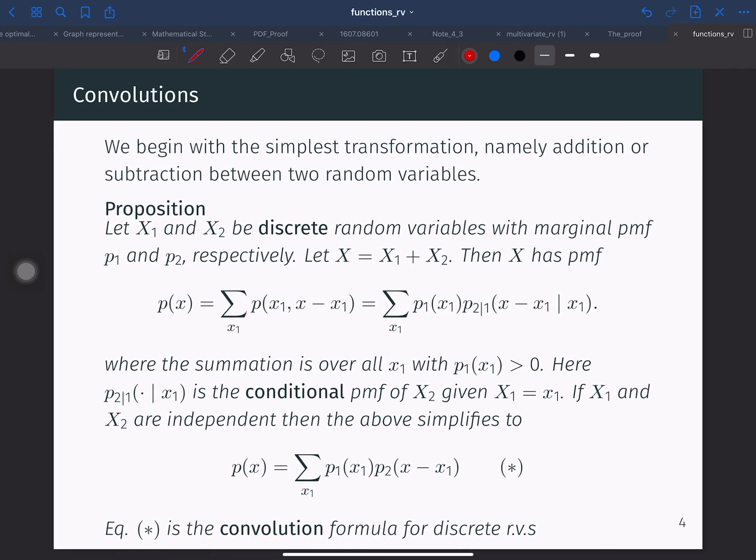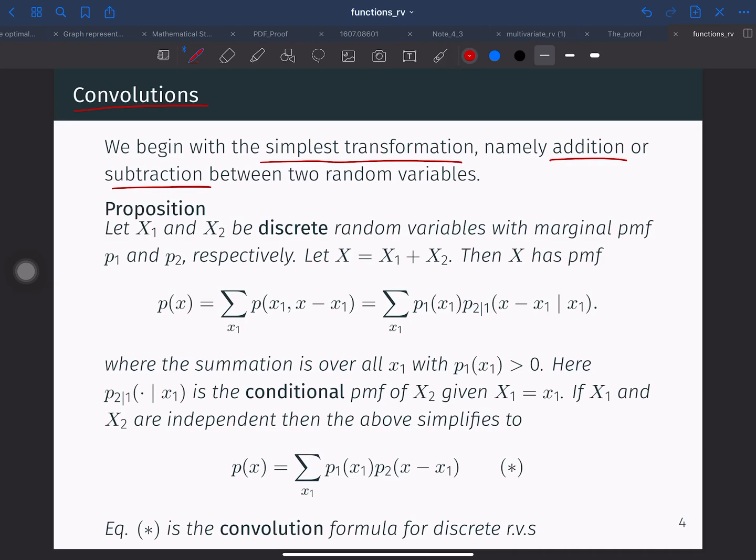So let's start with the simplest operation possible: convolutions, which has to do with a sum of two random variables. The simplest transformation is adding or subtracting two random variables.